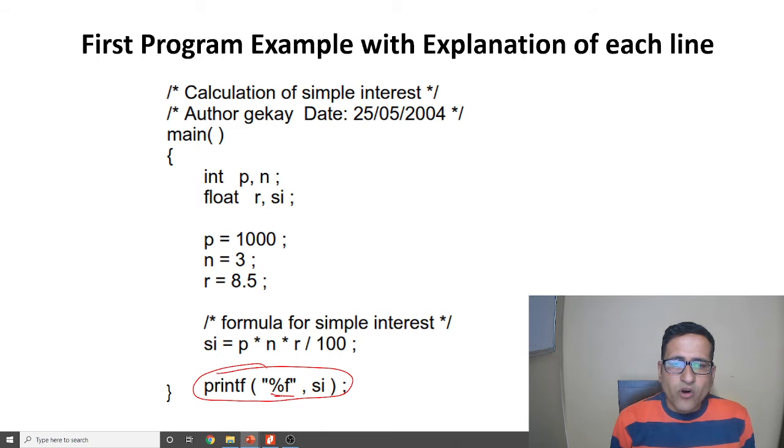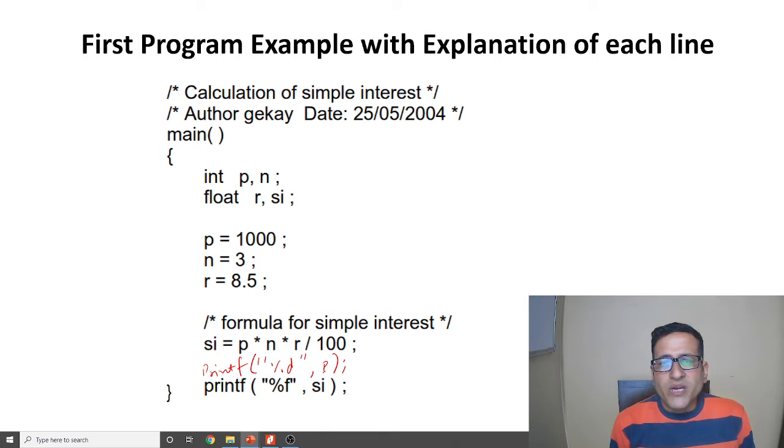This is the format of the string, this is the variable which we have to print, and this SI is of type float, so we use %f here. If we have to print the principal P, we will write %d and P.